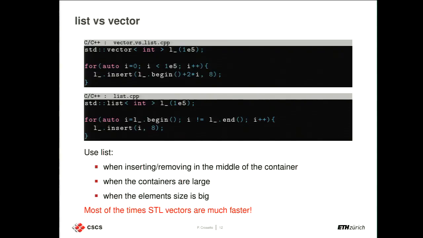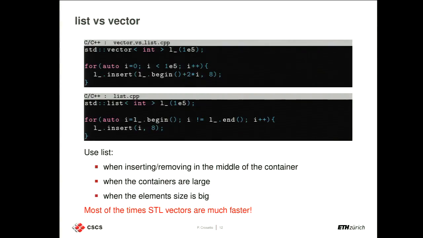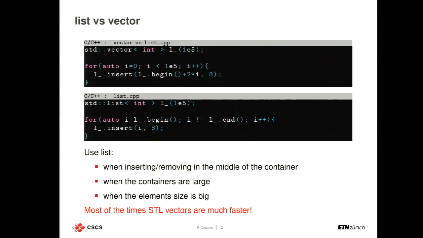So if I'm inserting in the middle of a large container, a big chunk of memory, or when the element size is big. If I have big elements, moving them is costly. So maybe I want to use a list. In 90% of the cases, vector will be more performant than the list. But there are some cases in which you want to use a list.